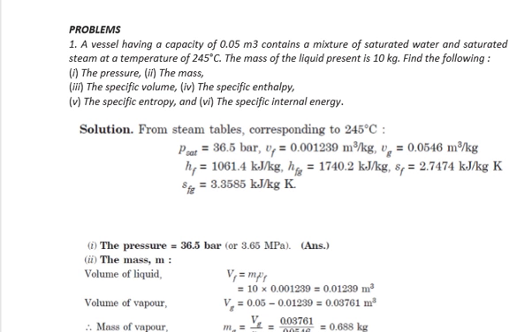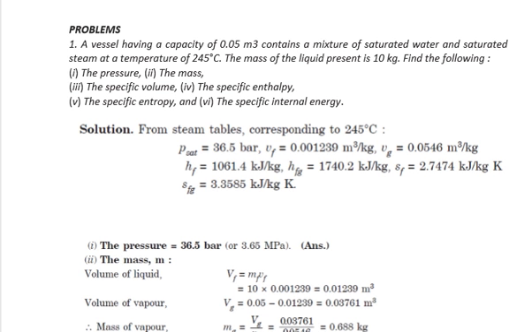First of all, you have to use the steam table. From the steam table, you locate the given temperature of 245 degrees Celsius. Then you get the values of pressure, vf, vg, specific volume for water and vapor, and enthalpy hf, hfg, sf, sfg.